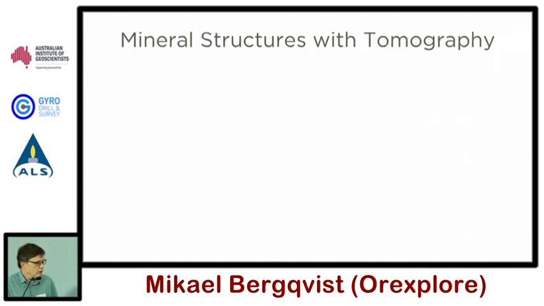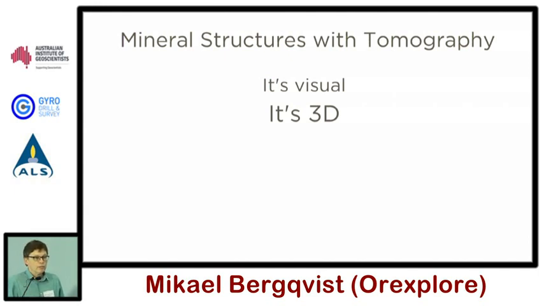First, let's have a look at the mineral structures that we can retrieve from tomography. First of all, it's visual. Suddenly everybody can see it, not only the structural geologists, but everybody, and the structural geologists can really have a go at it. It's three-dimensional. No longer do people have to use the televiewer, making two-dimensional photographs of the inside of a hole. It becomes suddenly obvious.